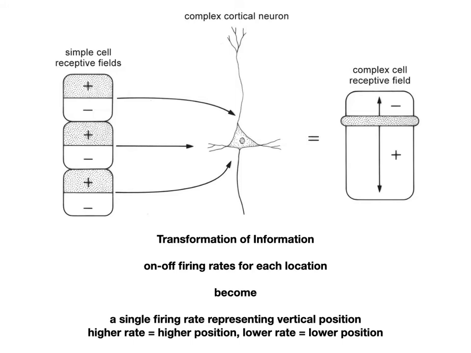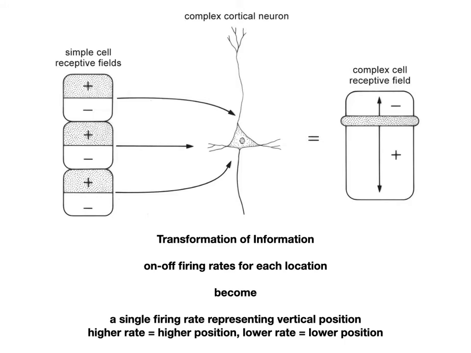So say the top receptive field on the left is lit up, and the other two are dark. We can recombine that into a high firing rate for the fact that the light is high up in the field. And the opposite pattern, if the top two are dark and the bottom one is lit up, then that could be combined into a very low firing pattern, meaning the thing is low in the receptive field.